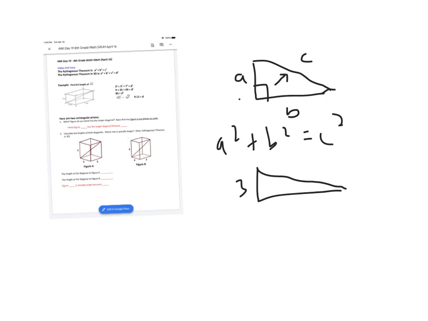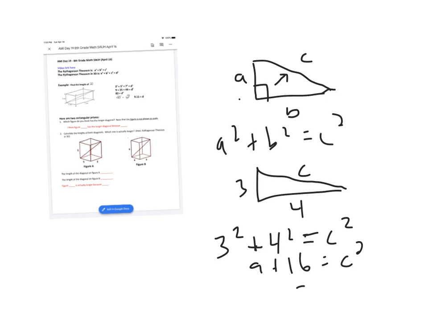So let's say that I gave you the lengths of the legs and I said, okay, find the hypotenuse. Well, you would plug 3 and 4 in for A and B. It doesn't matter which you choose for A and which you choose for B because they're both legs. So let's put 3 in for A and 4 in for B and solve for C. So we would square our legs first. 3 squared is 9, 4 squared is 16.